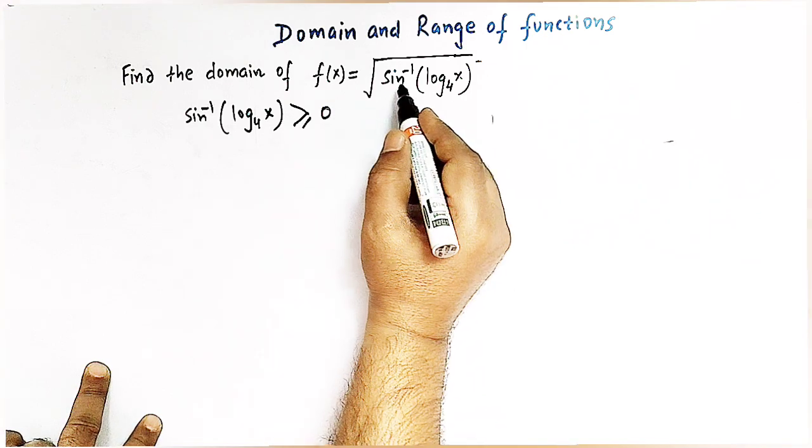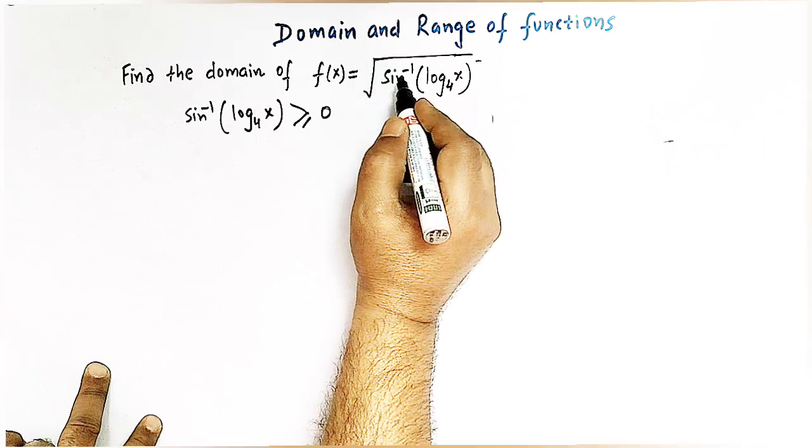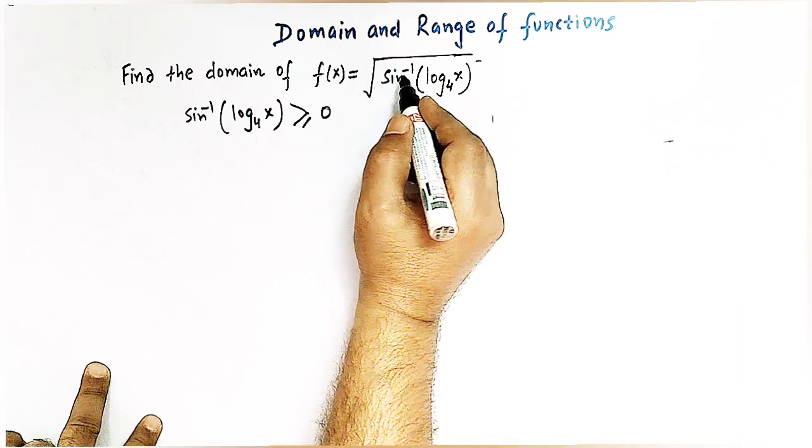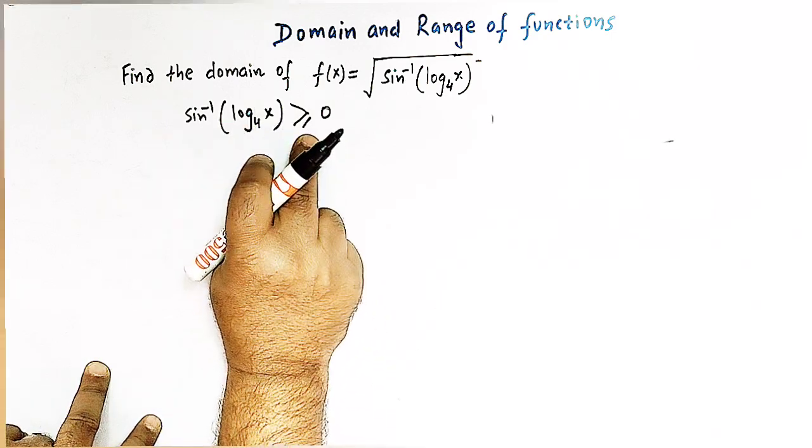If this quantity is negative, then we have square root of a negative quantity, and square roots of negative quantities are not defined on the set of real numbers, right? So this is the first condition.